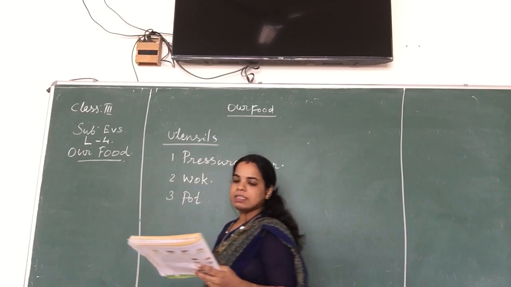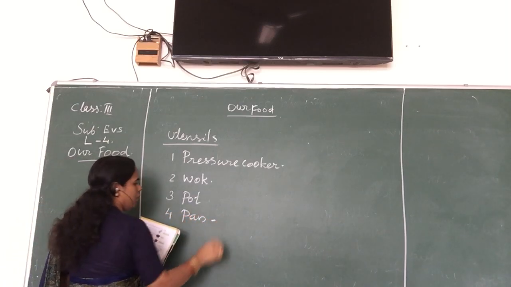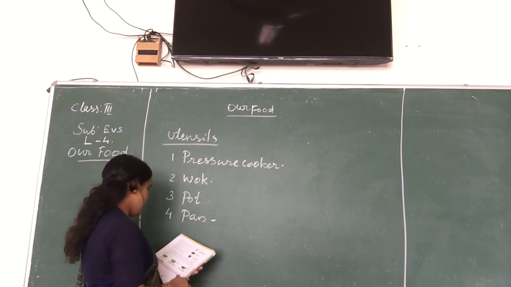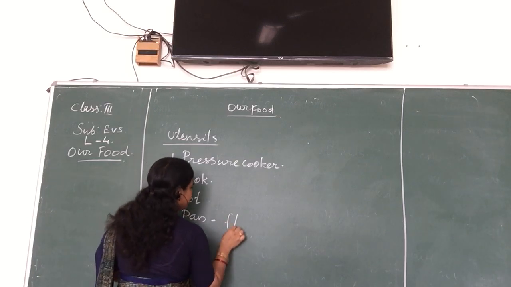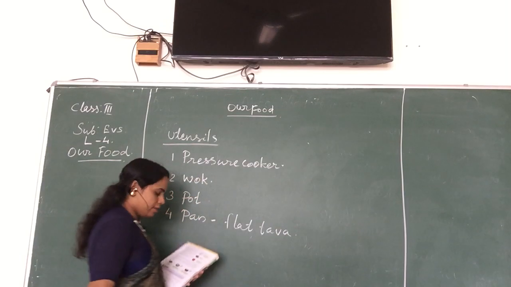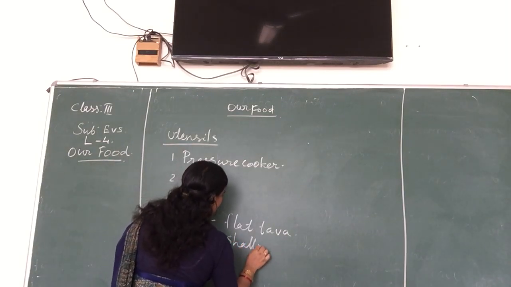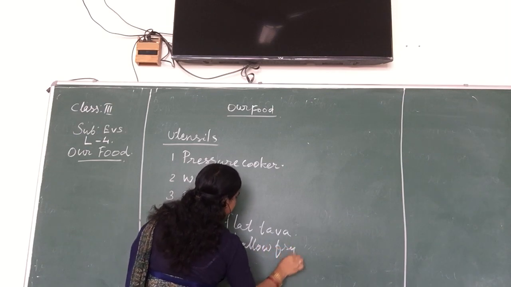Okay, and the next one is the pan. Different types of pan we are using at home. Different types of pan are there, and one is a flat tawa. For which purpose we are using the flat tawa, you know very well. And the next one is a shallow frying pan.